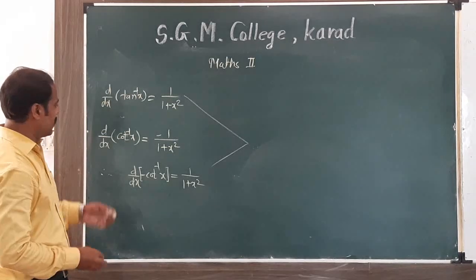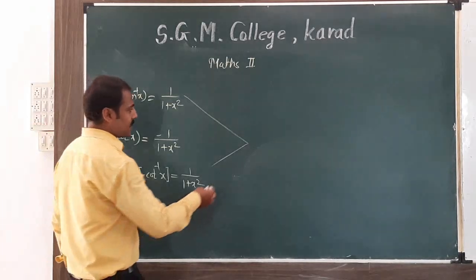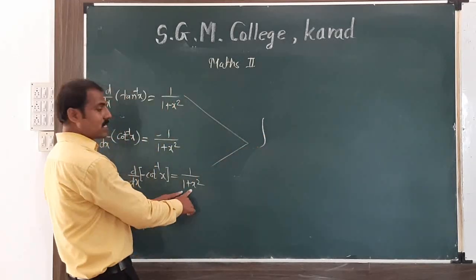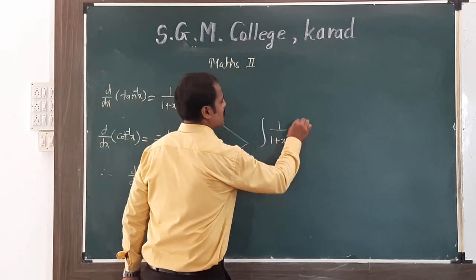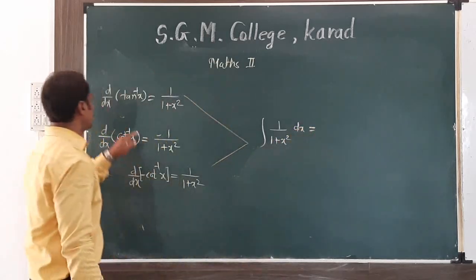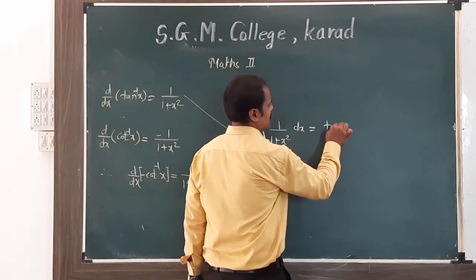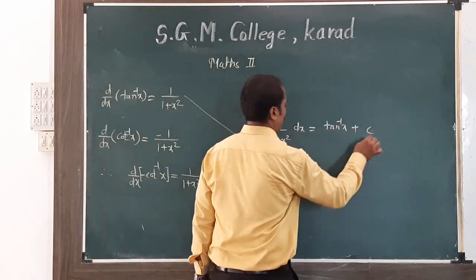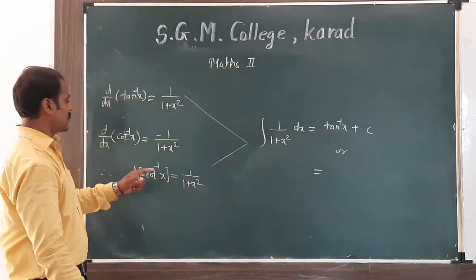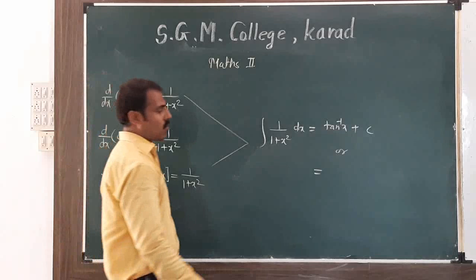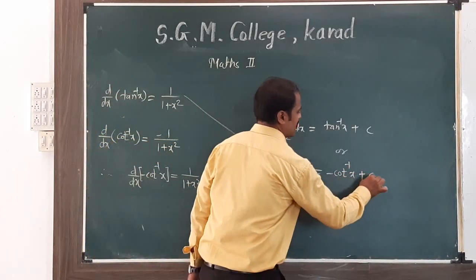From both the formulas of derivative, we say that integration of which function? 1 upon 1 plus x square with respect to x is equal to either tan inverse x plus c, or the integration of 1 upon 1 plus x square dx is minus cot inverse x plus c.